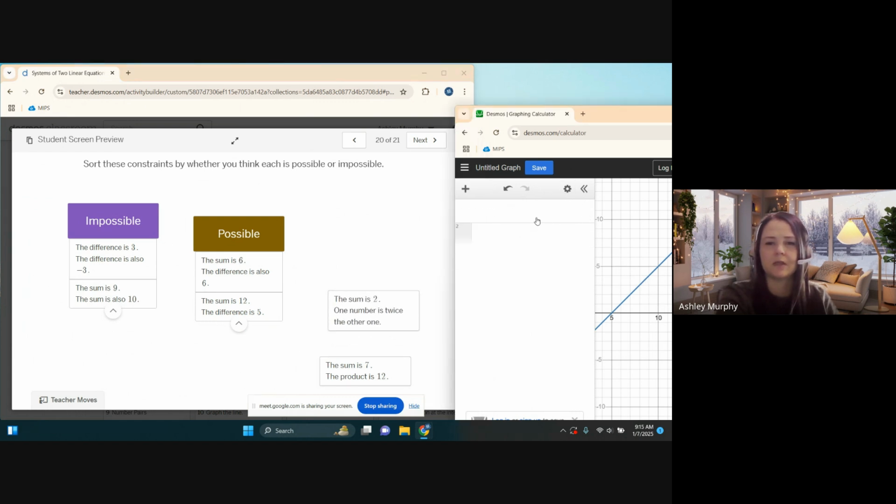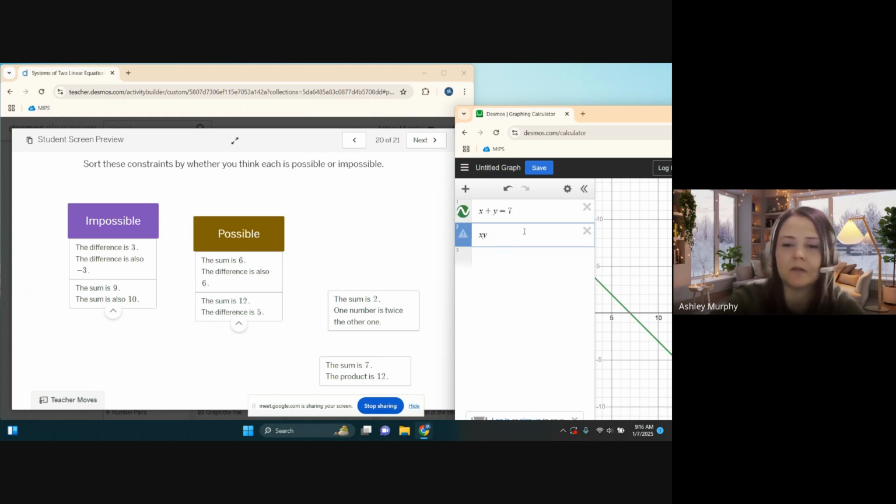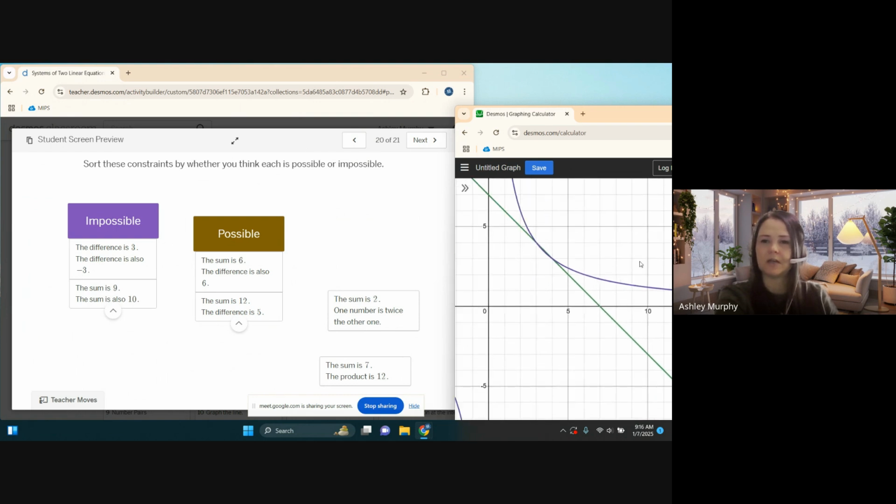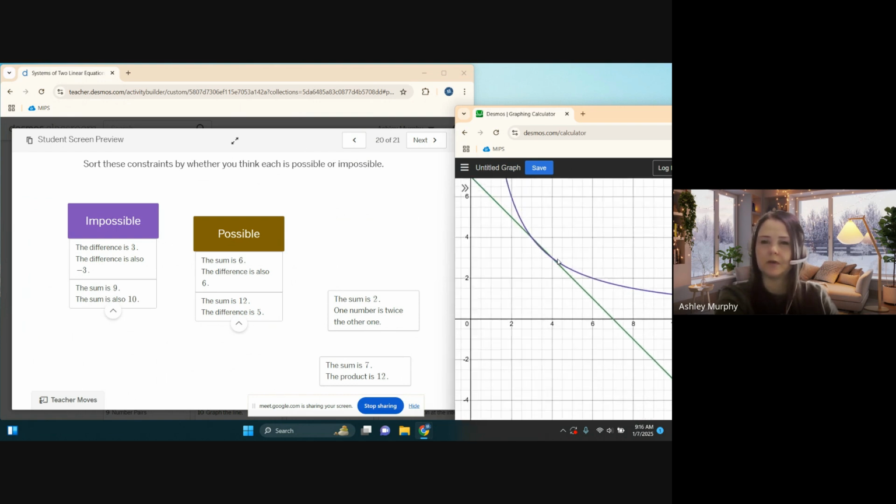How about this one down here? The sum is 7, so we're adding to get 7, and then it says product. Product is multiplying, and you can do multiply like that in Desmos with the dot, multiply to get 12. So that might look a little interesting because it's not a linear relationship.